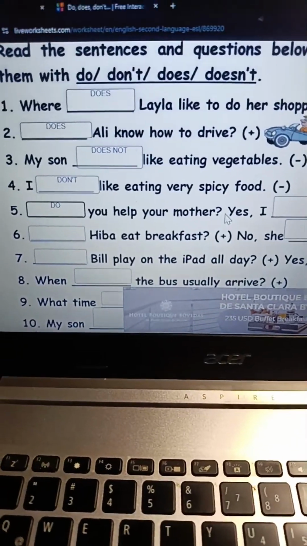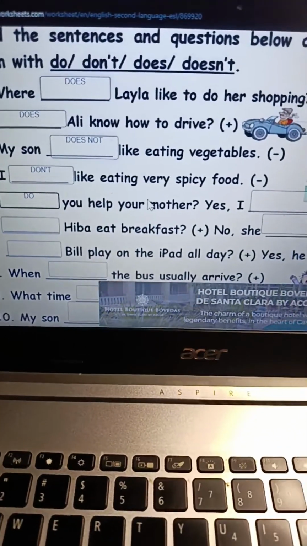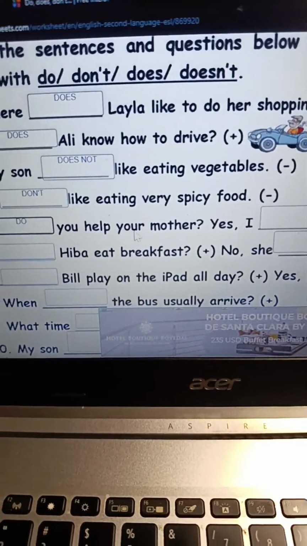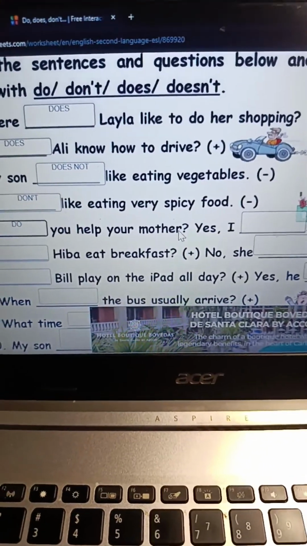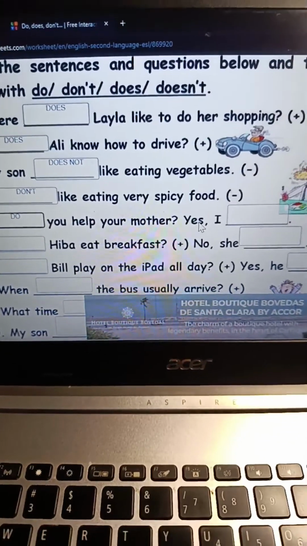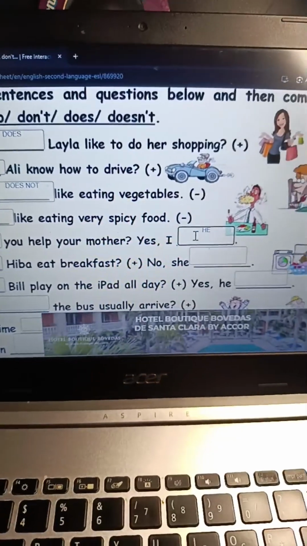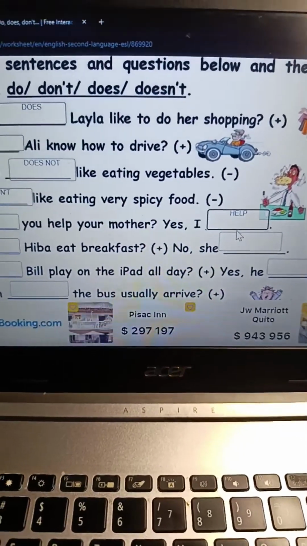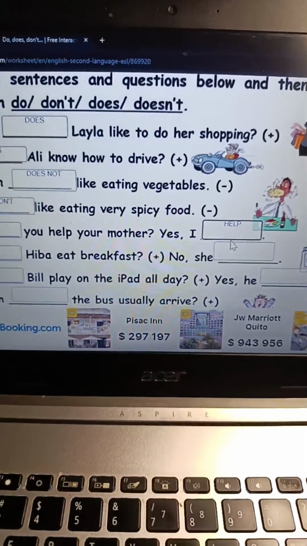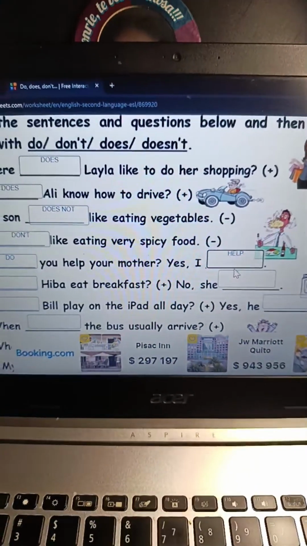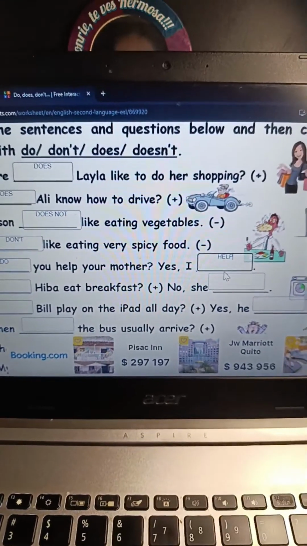Okay, so let's continue with number 5. Remember, do you help your mother? The answer is yes. It is not possible to say, yes, I help. No, this is not natural or common in English.